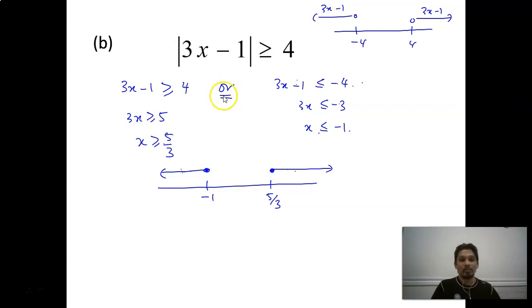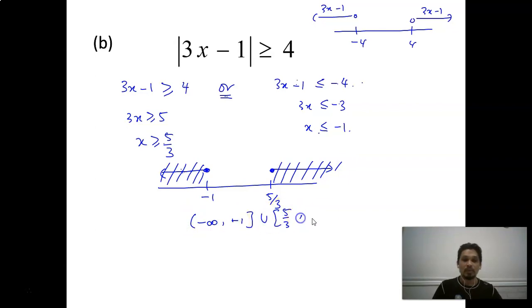But right now, it's not "and", but "or" here. So "or" means we're taking all the solutions here or here. So the final answer here is negative infinity until negative 1, union 5 over 3 to positive infinity.